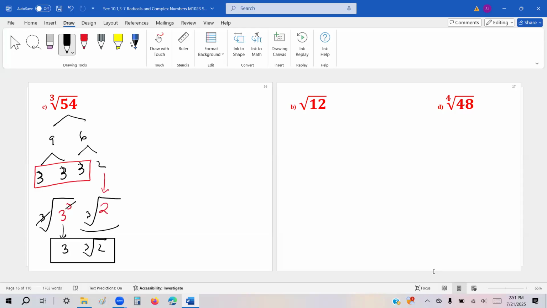You're looking for the same number 4 times. So which number is 4 times? 4 is 2, right?